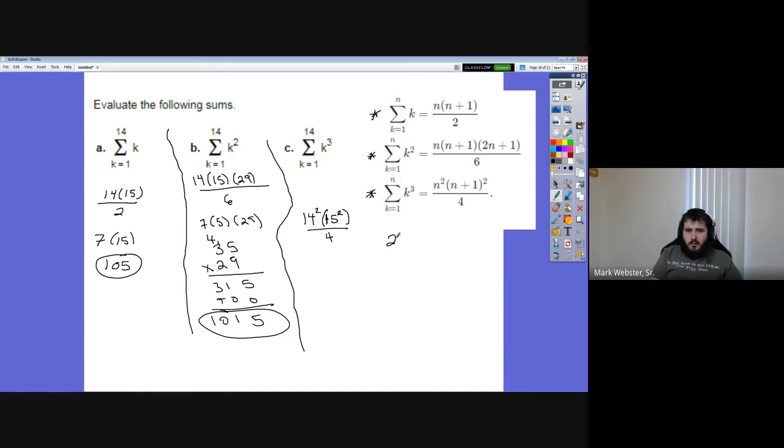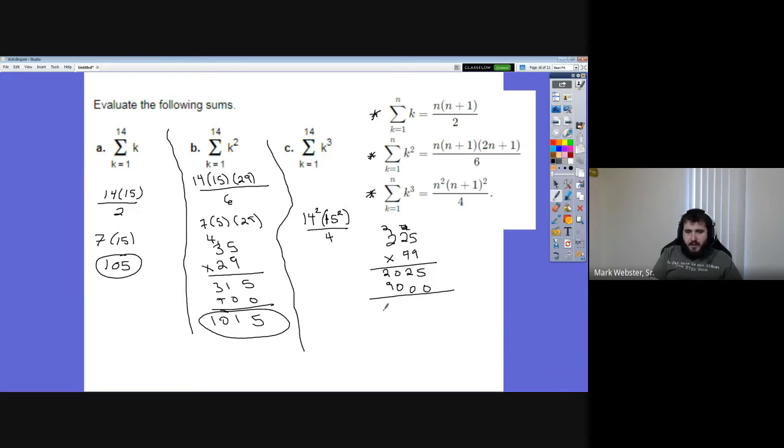So 225 times 49. 9 times 5 is 45. 9 times 2 is 18, plus 4 is 22. 9 times 2 is 18, plus 2 is 20. And then do the tens place. 4 times 2 is 8, plus 2 is 10. 4 times 2 is 8, plus 1 is 9.